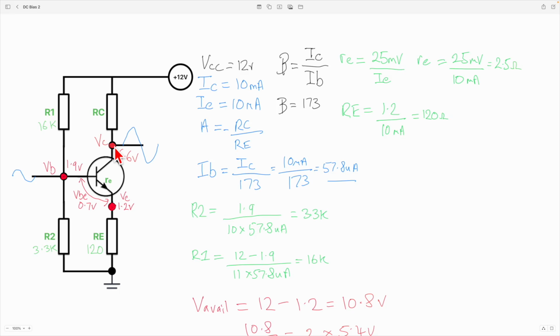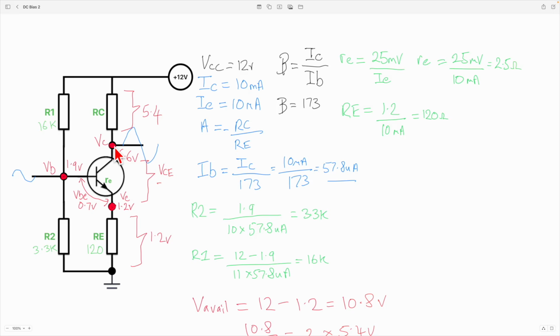Because if you think about it, we've got 1.2 volts being dropped over there, and we're going to drop 5.4 volts over here, which is what we call VCE.